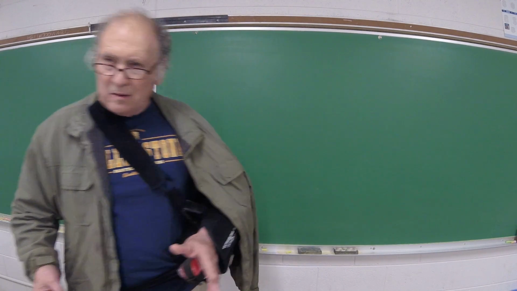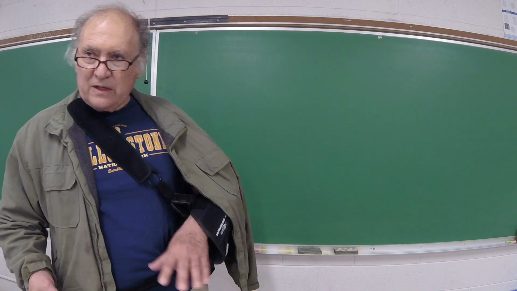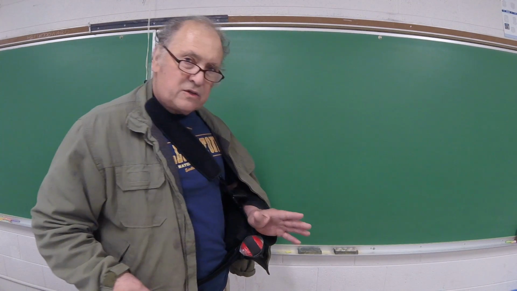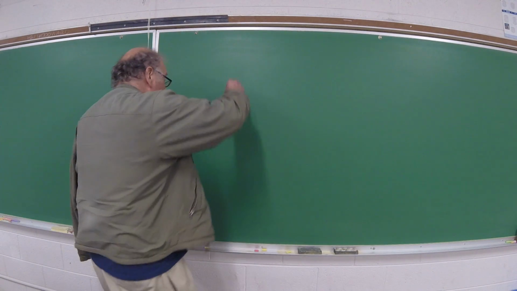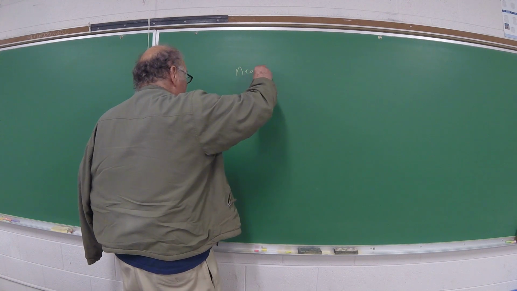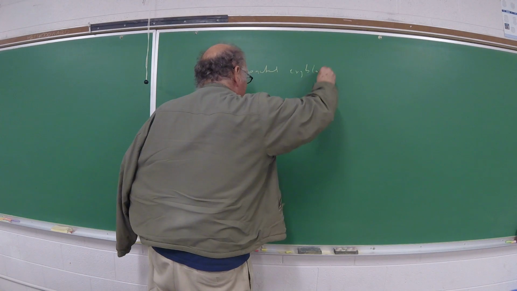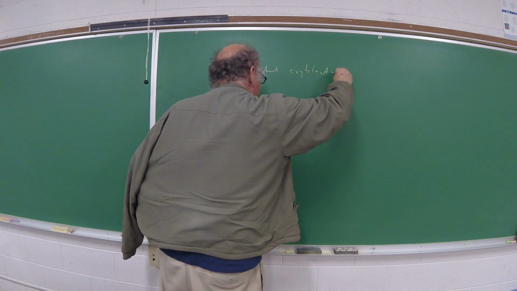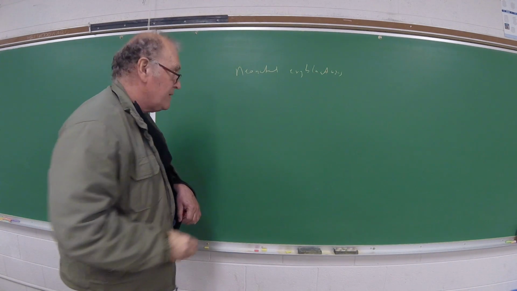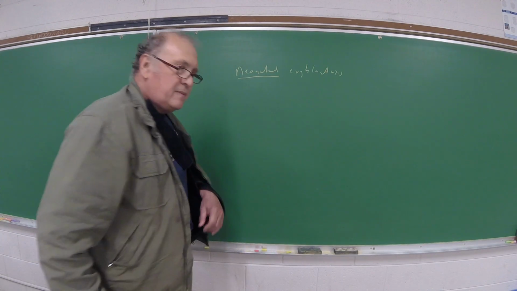And that's a hell of a term, isn't it? Neonatal erythroblastosis. I'll write it up here, but I'll give you the facts involved. Let's take a look at the word for a few seconds. Neonatal: in the neonate, the newborn.